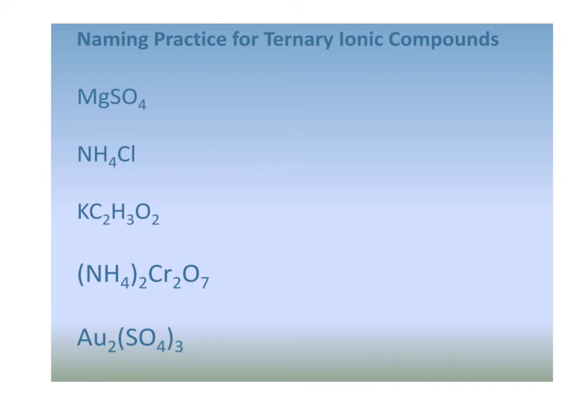So some examples. Remember rule 1, we write the name of the cation, and I'm going to put the polyatomic names in red and the single element things in blue, just so we can kind of see what's going on. So this is magnesium.